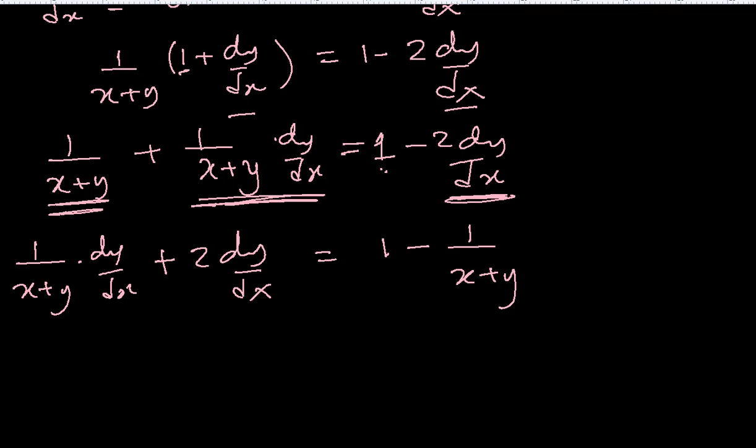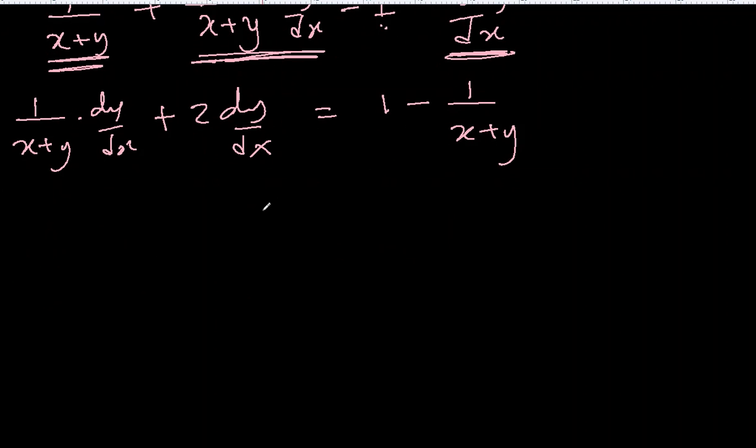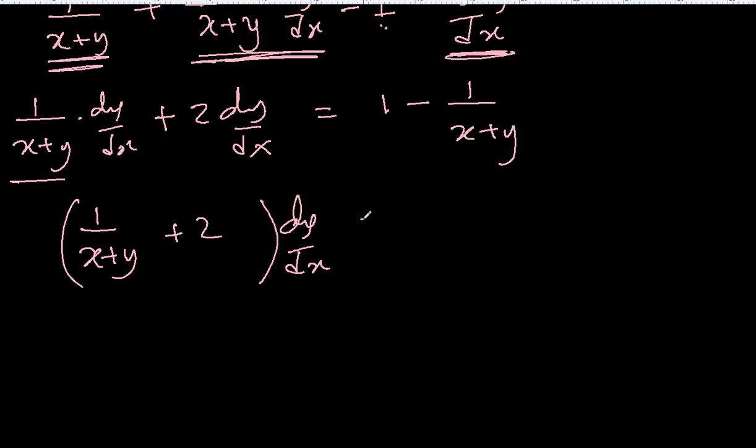Now, we have to isolate dy over dx. That means we will have to make it a suffix of a bracket. And what is inside the bracket? 1 over (x + y), this one, plus 2, equal to 1 minus 1 over (x + y).